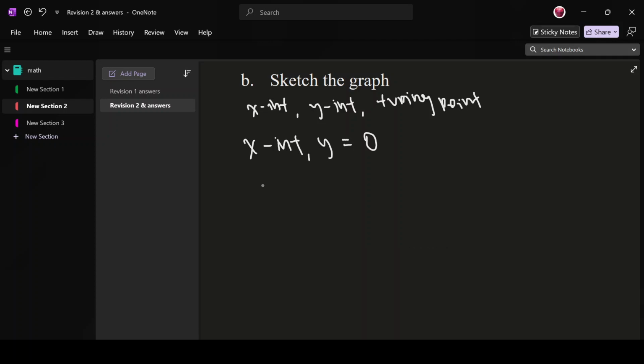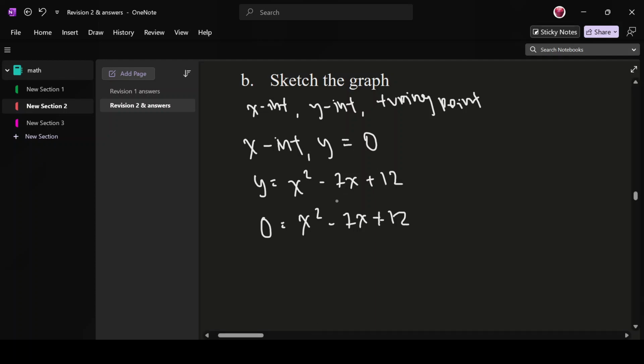So let's just bring down our equation. Y is equal to x squared minus 7x plus 12. Since we know that y is equal to 0, let's just input that value. 0 is equal to x squared minus 7x plus 12.